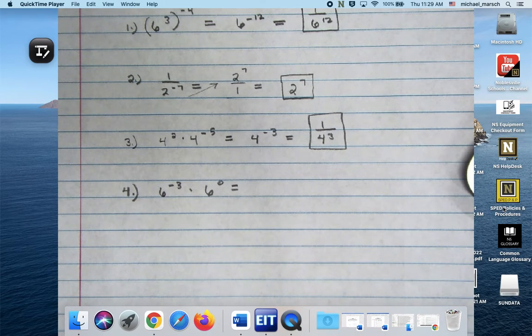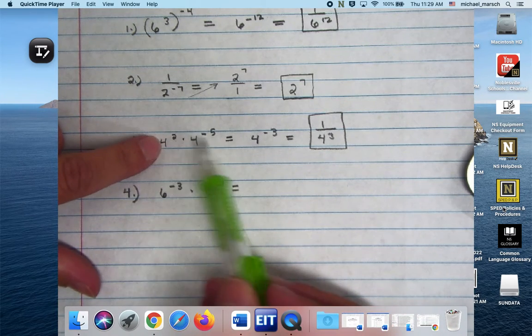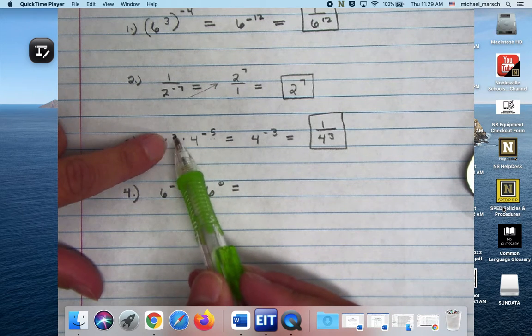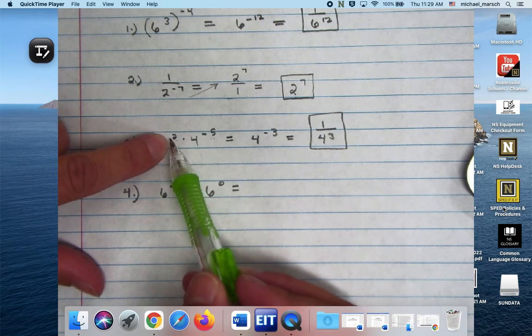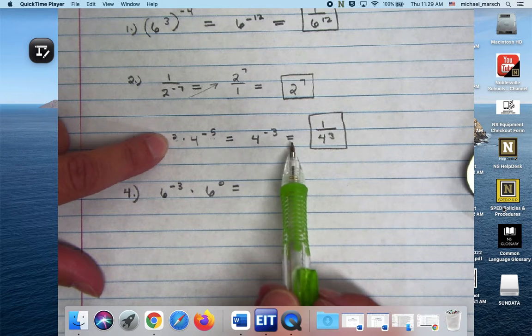So on number 3, even if it's a multiplication problem, would it still just be 2 minus 5? Yep. So we're always combining these. And so, yeah, 2 plus negative 5 is like saying 2 minus 5. So it doesn't matter if it's multiplication or division. When do you multiply them together?